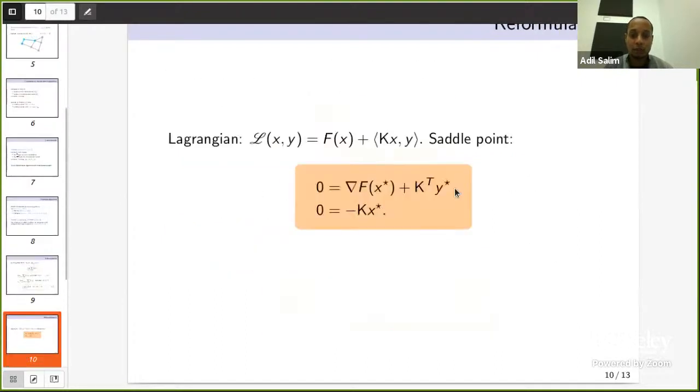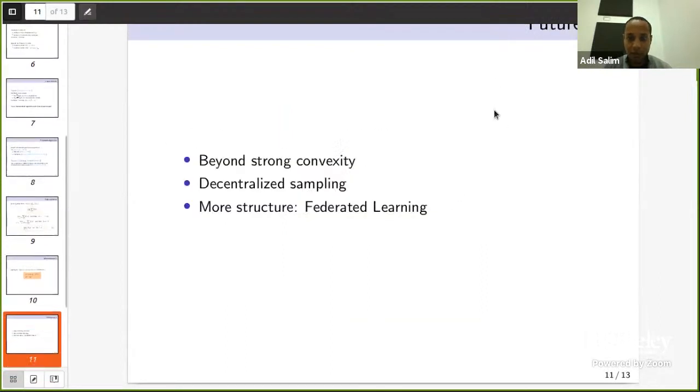I do not have time to explain the math, but let me mention some future directions. Of course, we will need to go beyond strong convexity because this work is about strongly convex local cost functions. Also, optimization can formalize several machine learning problems, but we also have the task of sampling, which is fundamental in machine learning.